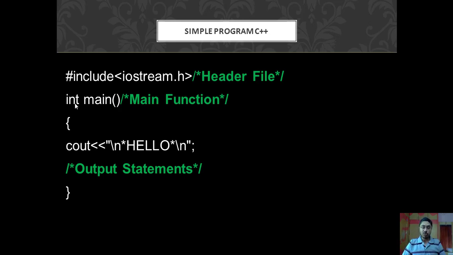But in a real application, once your code has been compiled, it is converted into an .exe file, and when you are running it in the actual environment where the compiler is not there, the code has already been compiled. In those cases, this return type will actually say whether the program which was called by the operating system has been executed successfully or not. So this is an acknowledgement to the operating system, because once you click on any file from the file explorer, there is a system call which gets generated at the back.